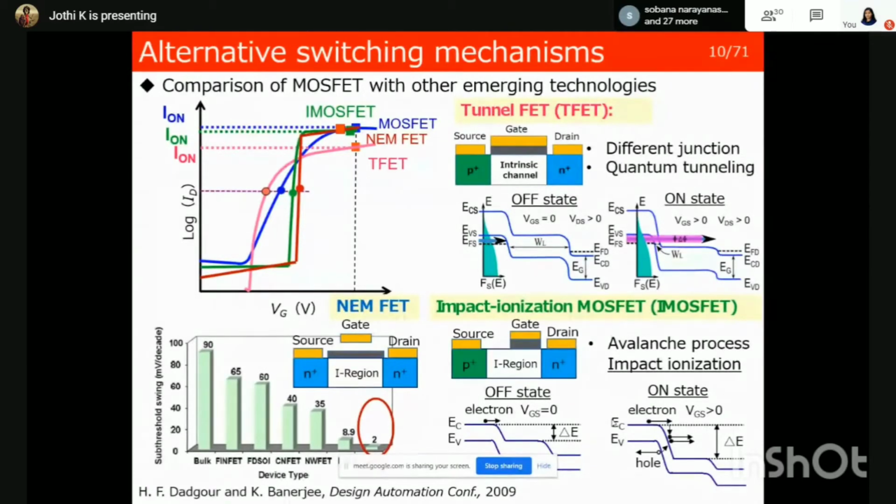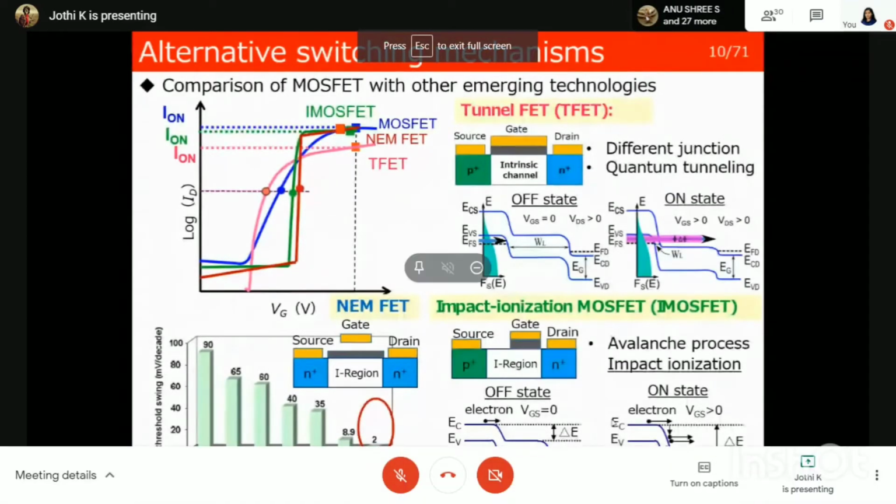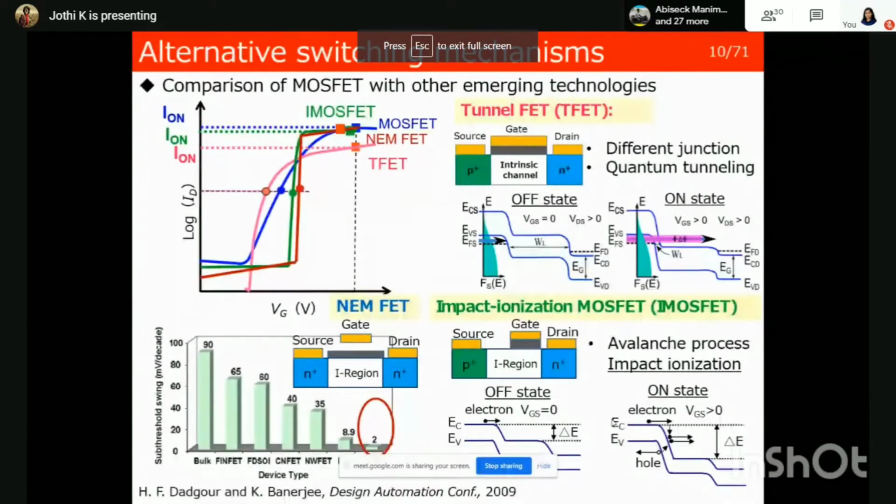That's because it can produce a subthreshold swing of less than 5 or 10 millivolt. The record low is 2 millivolt per decade, produced in a paper in 2009. So there are 3 main alternatives, and one main alternative is the NEM FET. So that's the end message here.